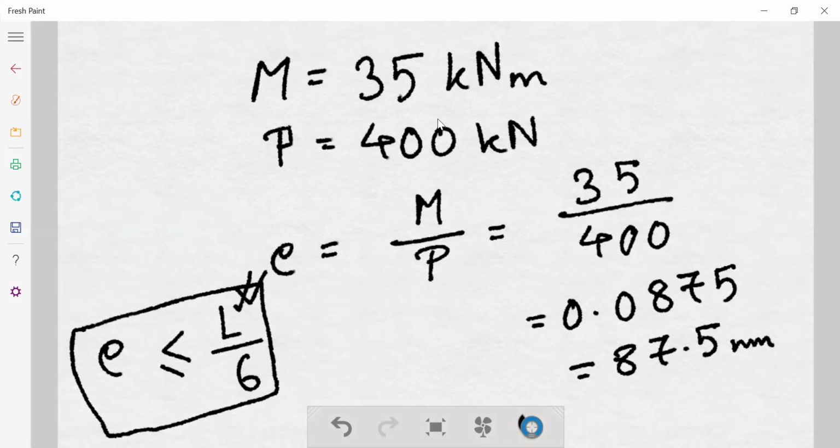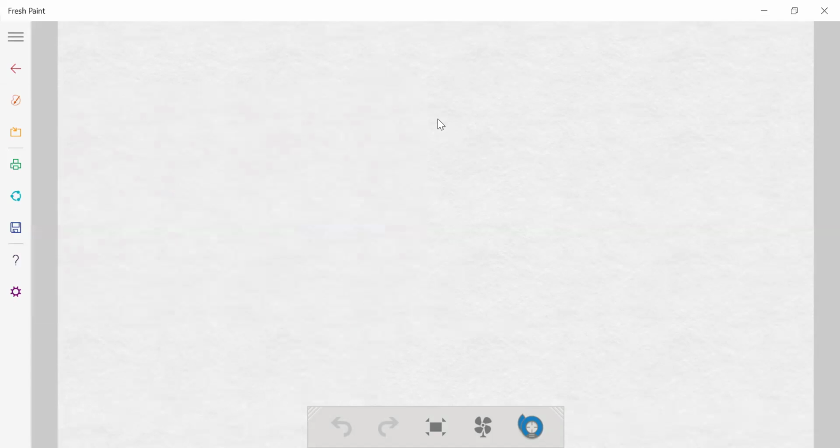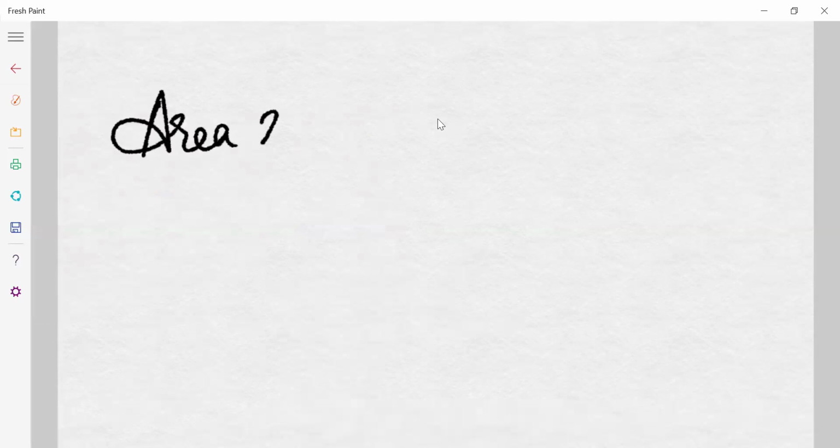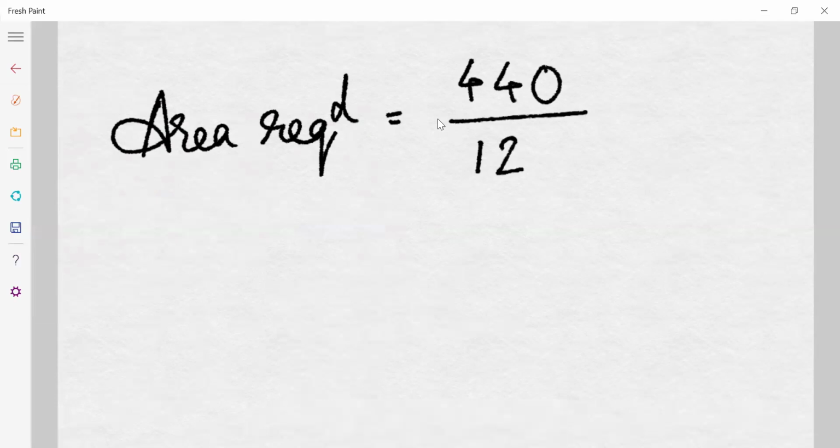Now let us do the sizing of the footing. Area required is equal to the total load including self weight, which is 440, by safe bearing capacity, which is 120. Generally, if there is only axial load, we simply take the load including self weight divided by SBC.